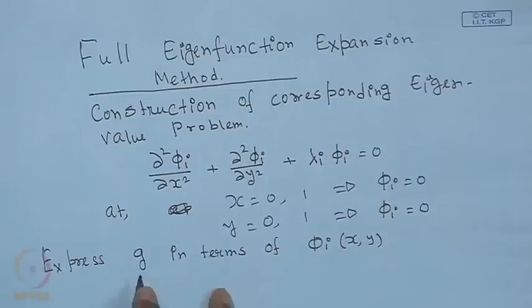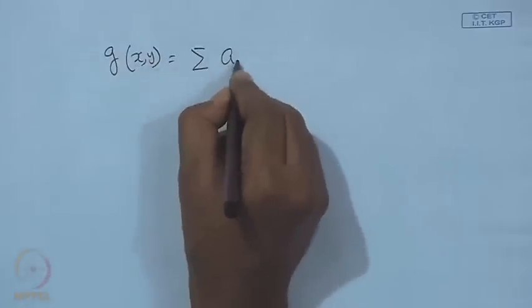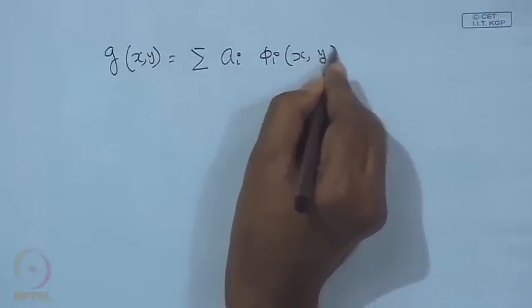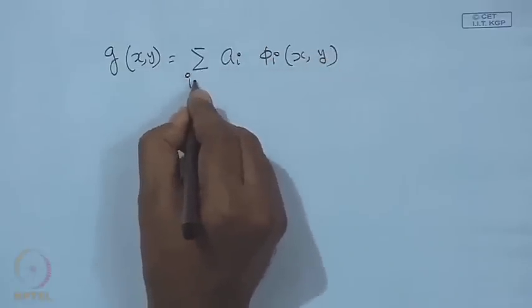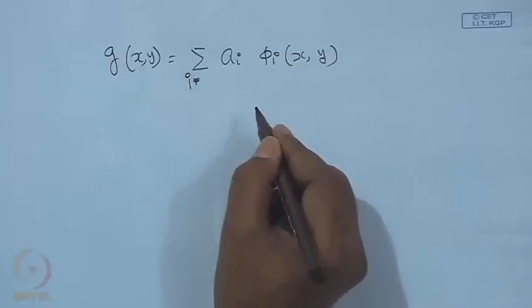So, therefore, g can be written as the summation of a I multiplied by phi I x y, where the summation is over I.